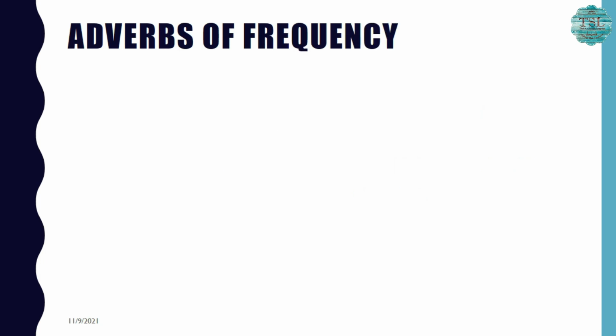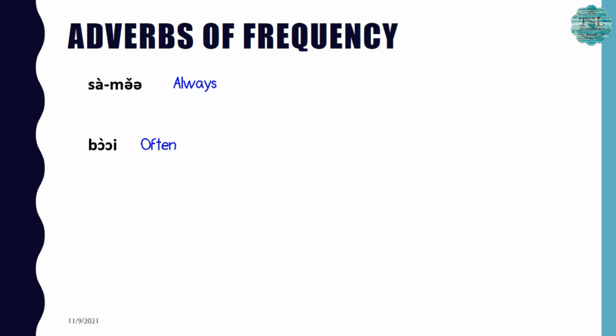So now let's learn adverbs of frequency. For adverbs of frequency, there are a few words that I would like to teach you. The first one is เสมอ, which means always. The second one is บ่อย, which means often.